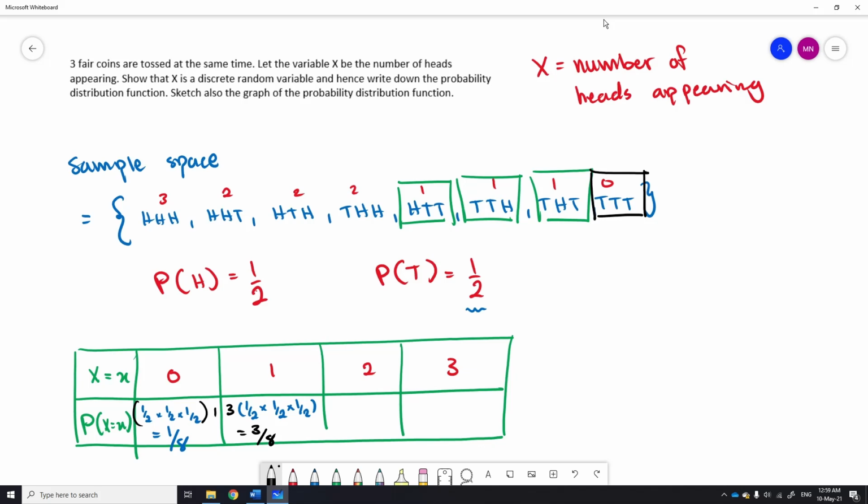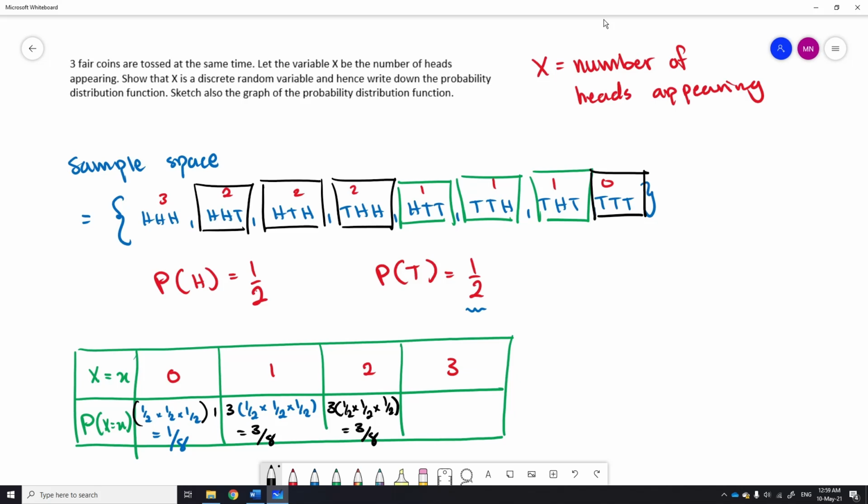Okay. Next is 2 heads appear. So 2 heads appear, we have 3 ways that it could appear. So the same thing, 3 times 1 over 2 from the head, also 1 over 2 from the head, and another 1 over 2 from the tail. So equal to 3 over 8.